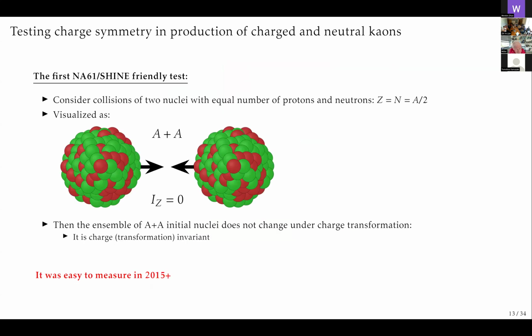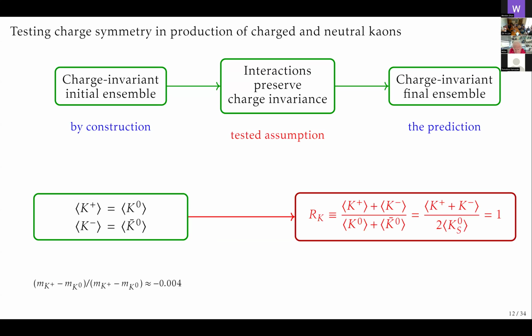Right. So why should K0 and K0 bar have the same yield? It assumes that K0 plus K0 bar is 2 K0 short. We have the mixing. Yeah, got it, I missed that.